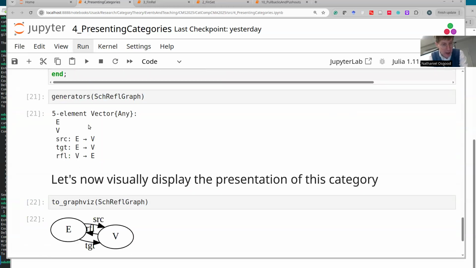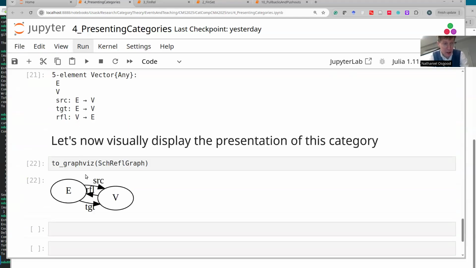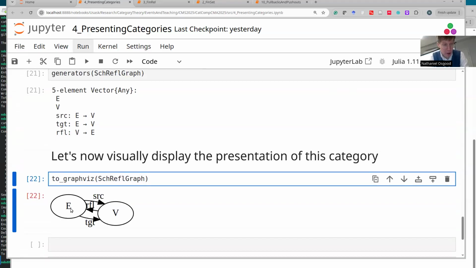Maybe it'll be easy if I just look at this if I display it. So we have two objects, E and V. We have a morphism going from E to V, called the source. So imagine these as edges. Imagine these as vertices. A given edge is going to have a source vertex and a target vertex.